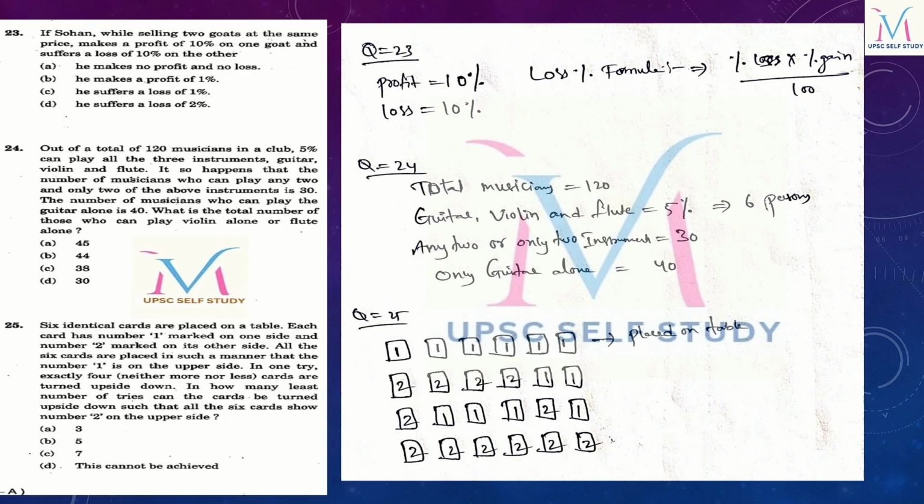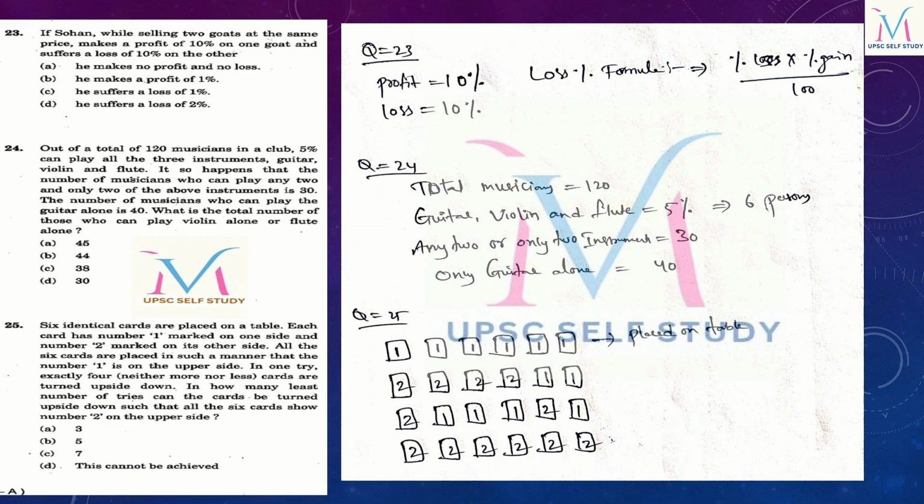Okay. And any two and only two instruments, those who can play, there are 30. So if you look back to the question, we just now calculated the 5%.